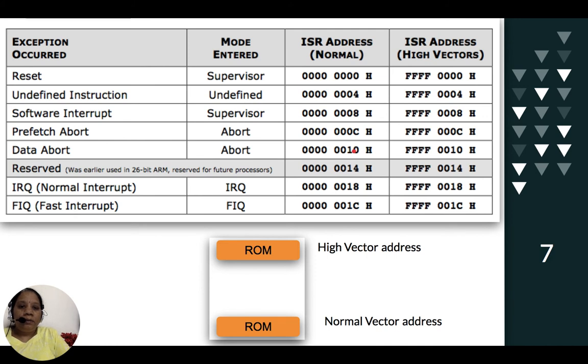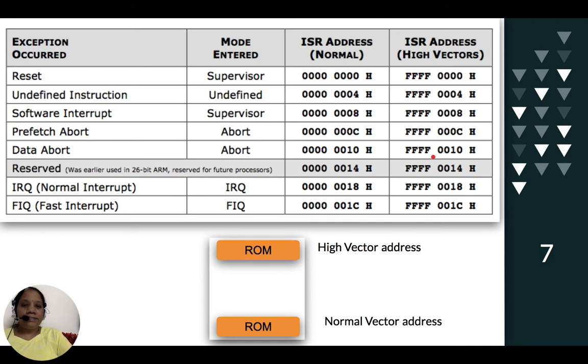From here it will direct you to the exact location in the memory where you have the instructions to run the data abort. Are you getting it? So this is just a branch instruction starting address. So when you are in user mode and get a data abort, immediately you are moved to the location 00000010. Then this will take you to the location where your abort program is actually stored.